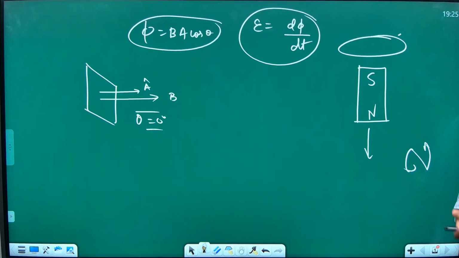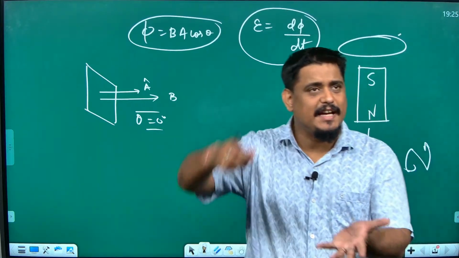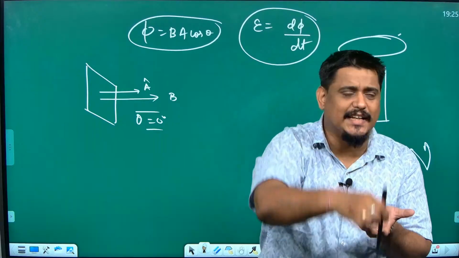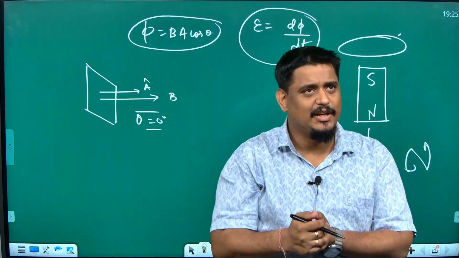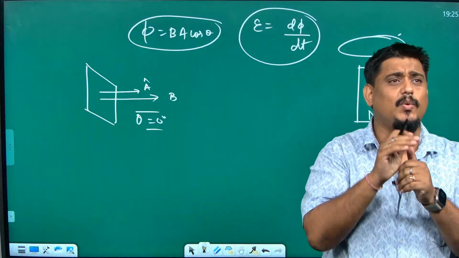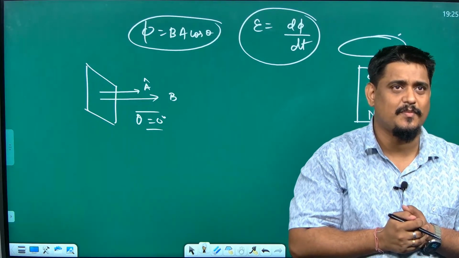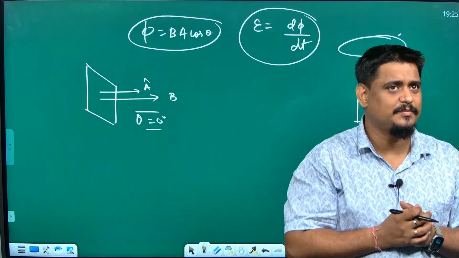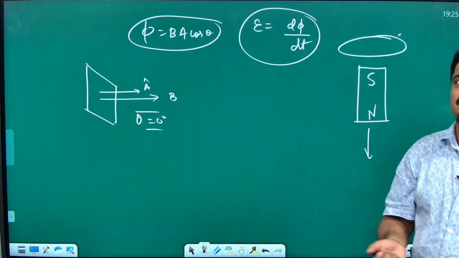Is it decreasing? Obviously decreasing. If it is entering, it will be increasing. It is exiting, right? So it is decreasing. Correct. So induced EMF or induced current will try to increase it. Right, Dishita? How can it increase it?